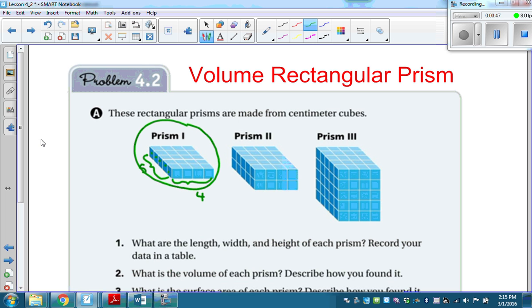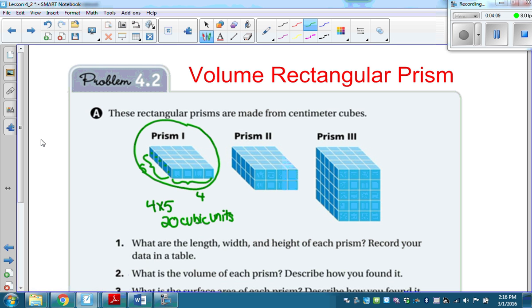So altogether there's 4 times 5, or 20 cubes. So this is 20 cubic units. Get a thumbs up, thumbs down on that? Does that make sense? It's just how many cubes there are. What about you, Reed? Get it?